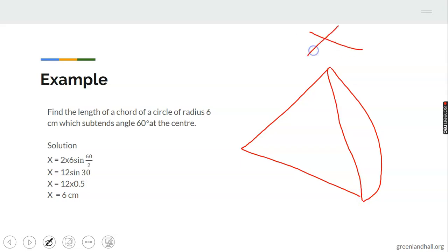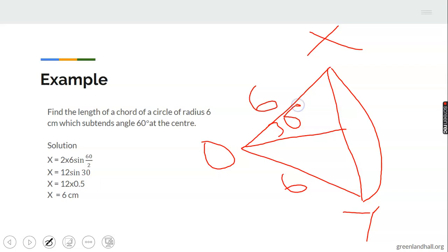Let me call it XY. This is the center. The radius is 6 cm. So this angle here is 60, so here will be 30 degrees, and here is also 30 degrees.